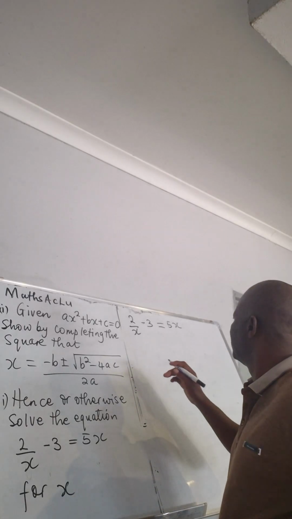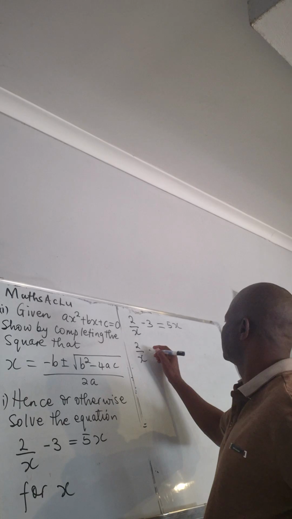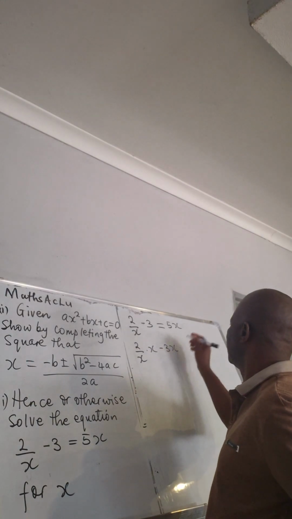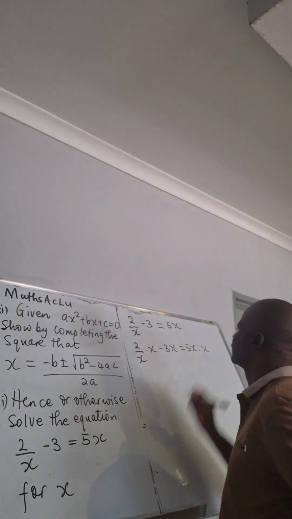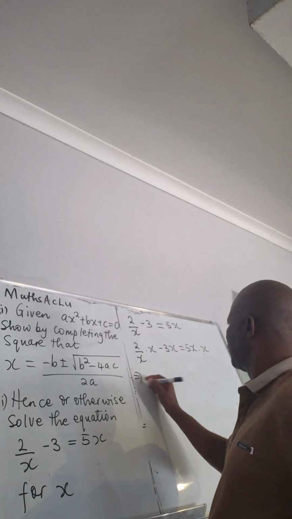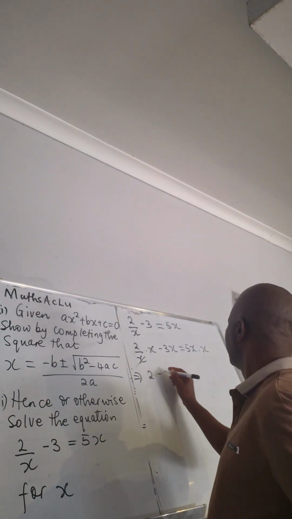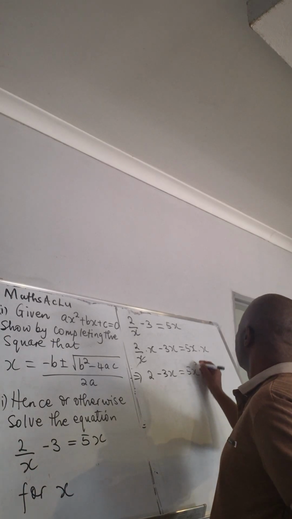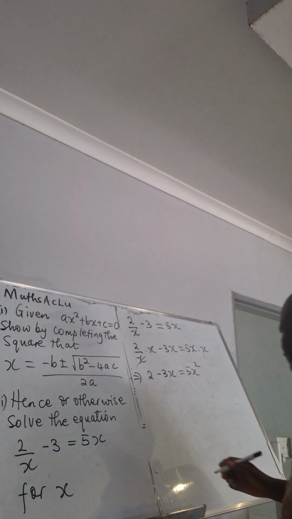Remove x from the denominator, that is, multiply everything by x: 2 over x times x, minus 3 times x, equals 5x times x. So this implies x will cancel on this side, it is 2 minus 3x equals 5x squared.